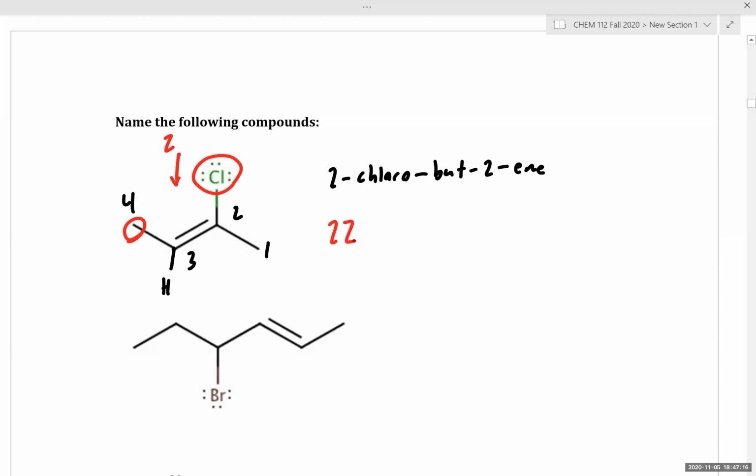So the full name for this would be (2Z)-2-chloro-but-2-ene, where we're noting that this alkene has our bulkiest substituent, our highest priority substituent, on the same side.